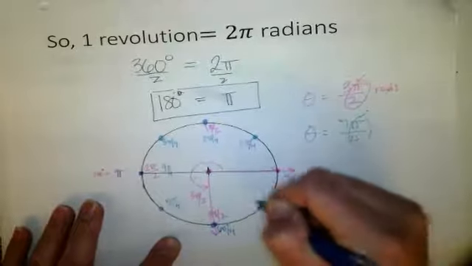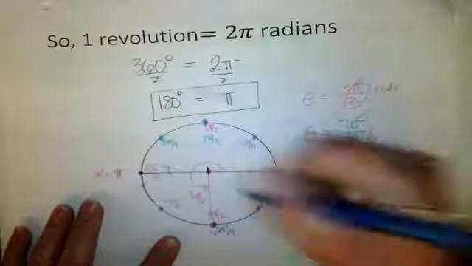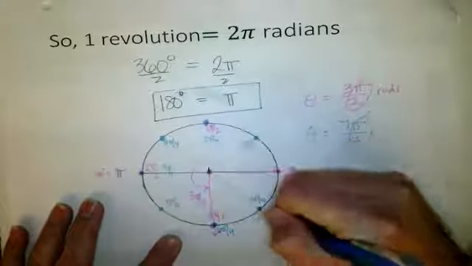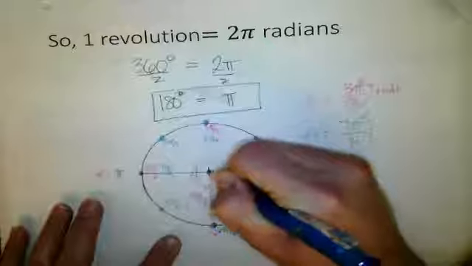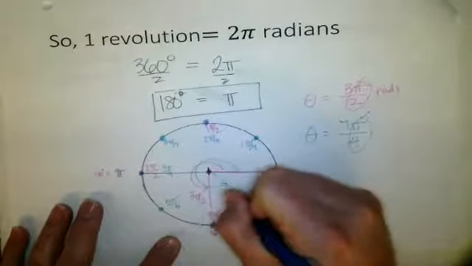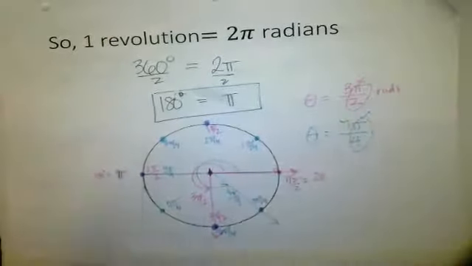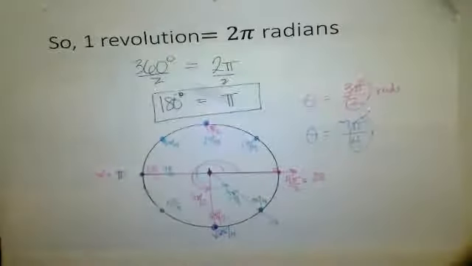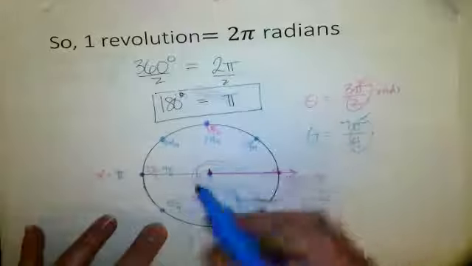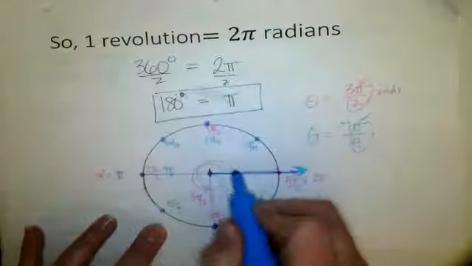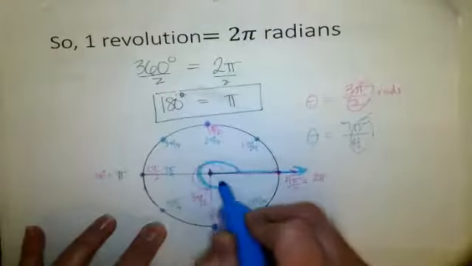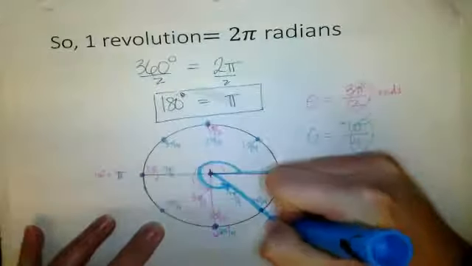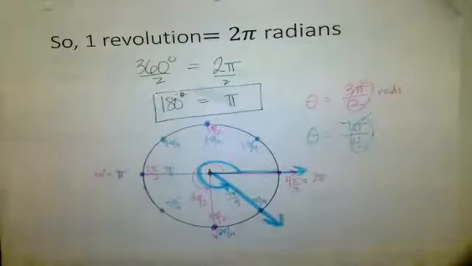What's this one? 7 pi over 4. That is my 7 pi over 4 angle right there. Okay. 7 pi's over 4. Woo. So there is our big 7 pi over 4 angle. Okay.